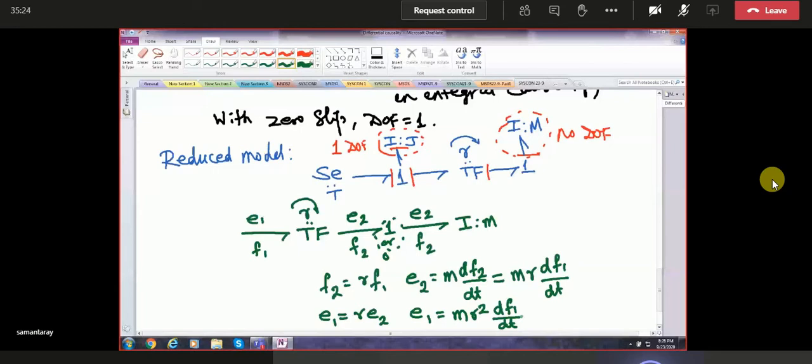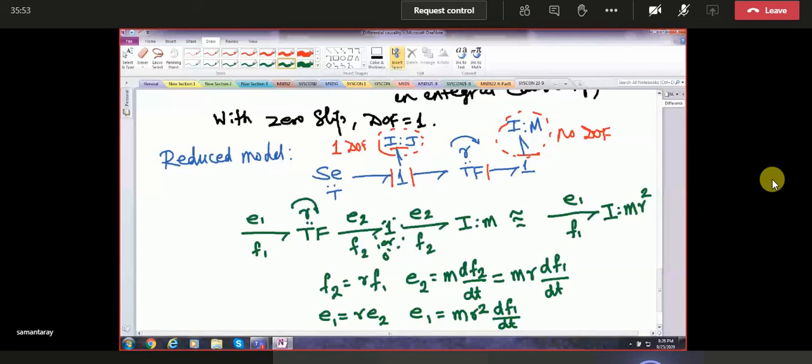So if you do that, then our model reduces further. I is equal to J, which is half m R square, assuming a thin disk, and another I which is m R square.